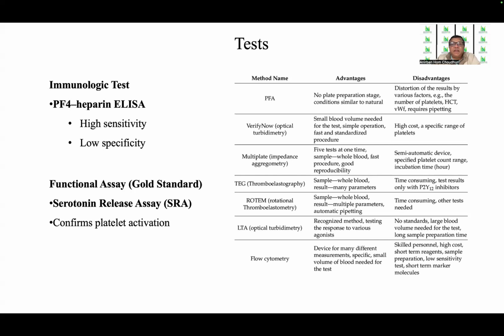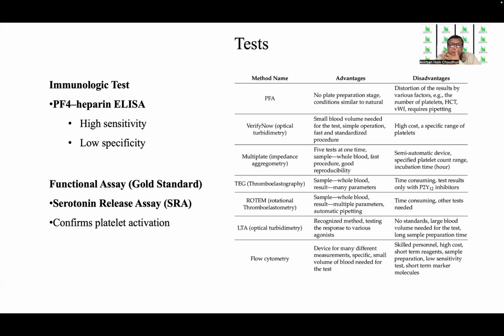Like the PFA, the advantages are that there is no plate preparation stage and conditions are similar to natural, but the disadvantage is distortion of the results by various factors like the number of platelets, hematocrit, von Willebrand factor. Then the method requires pipetting, that is, it should be tested in very small amounts.